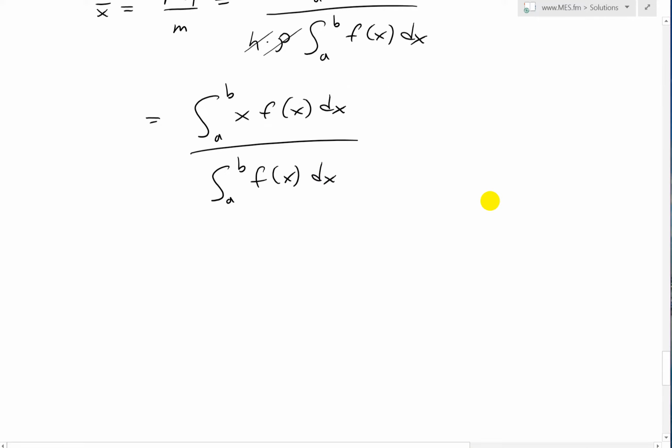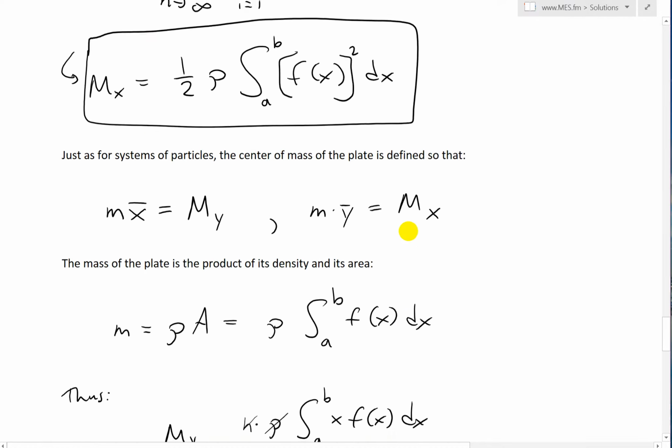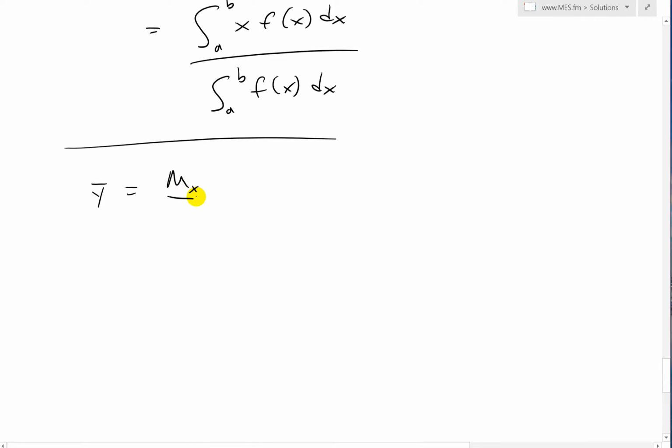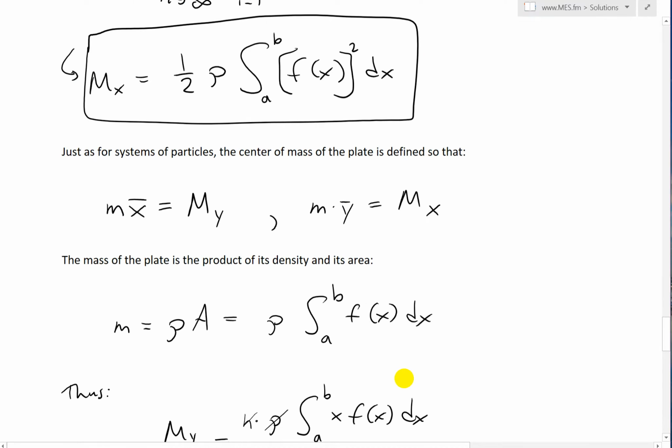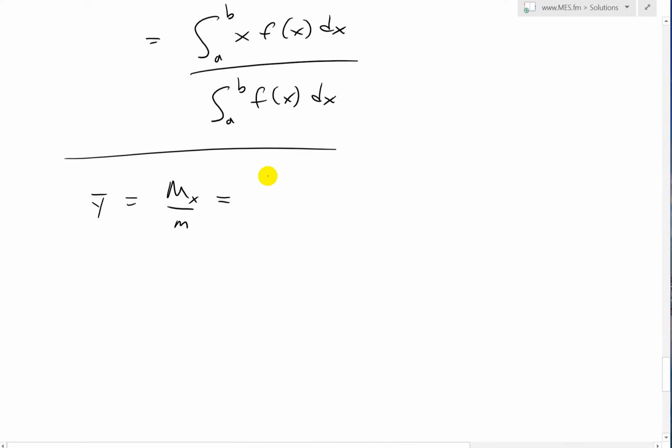Likewise, for the centroid in the y direction, we just rearrange the formula: Mx over M. The moment about the x-axis divided by the total mass equals, well, we already know this, 1/2 rho f of x squared. So this equals 1/2 rho times the integral from a to b of f of x squared dx.